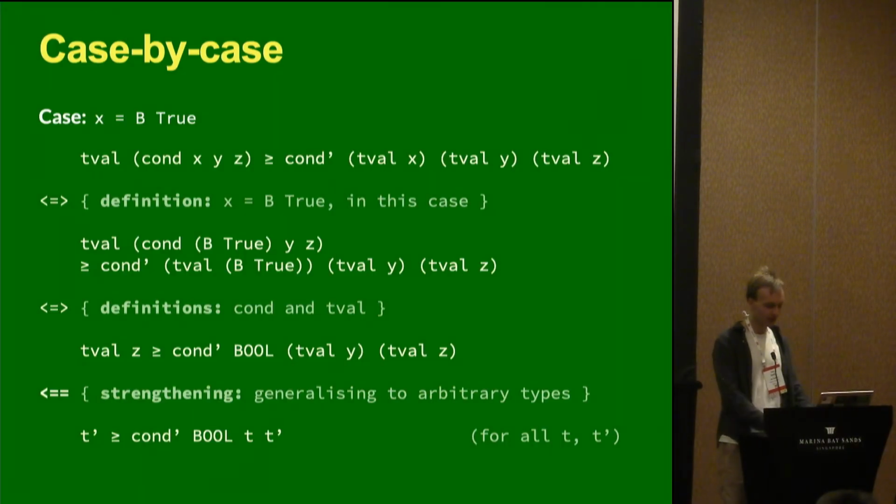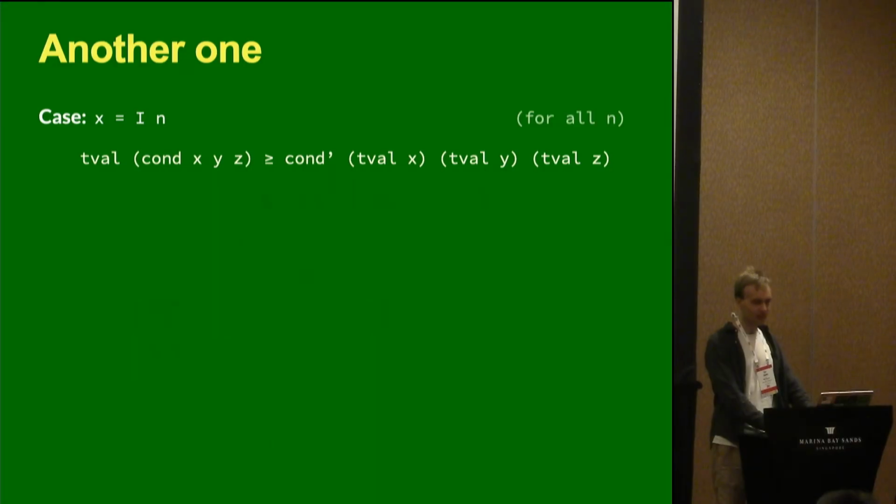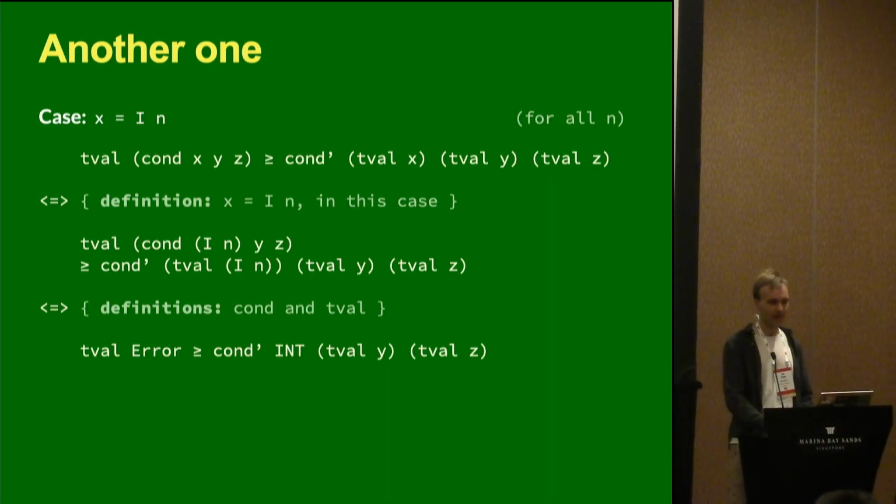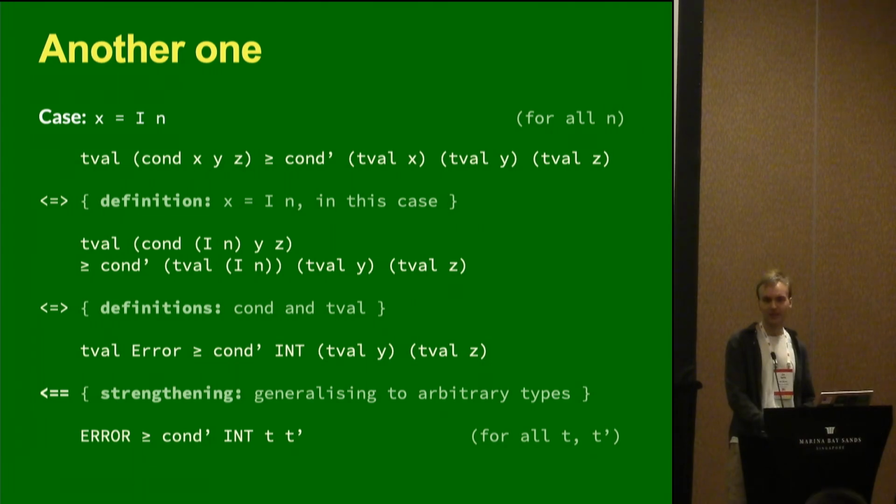Okay, cool. And actually, this pretty much goes exactly the same for all of the other cases that we look at for x. So here's the integer case. I won't show all of them, but here's the integer case. It really is exactly the same. We substitute x in, we apply const and t-val, and then we make this same strengthening step again.